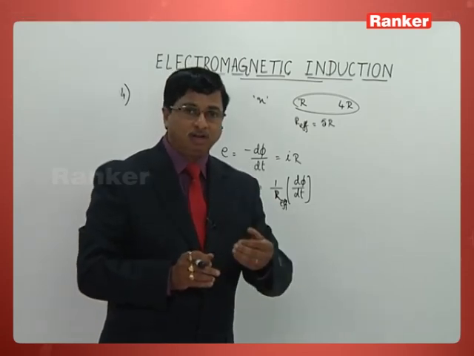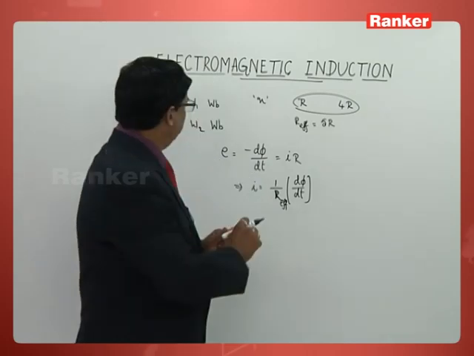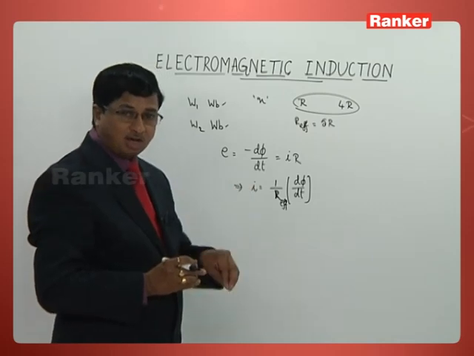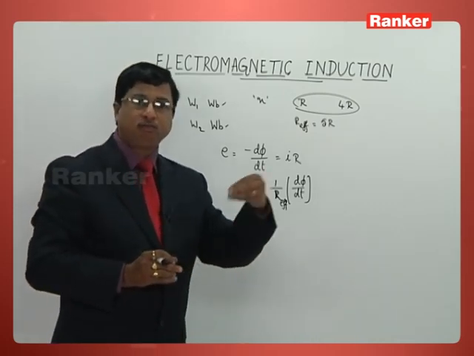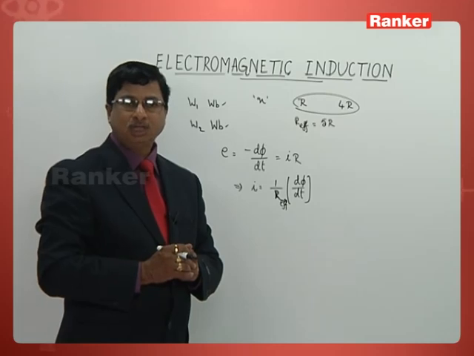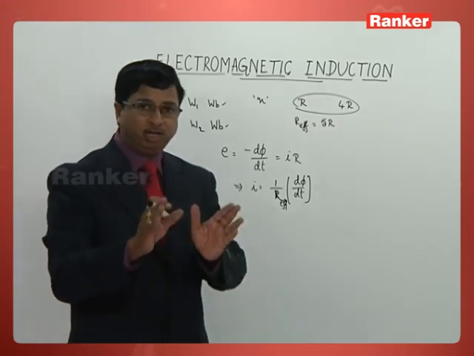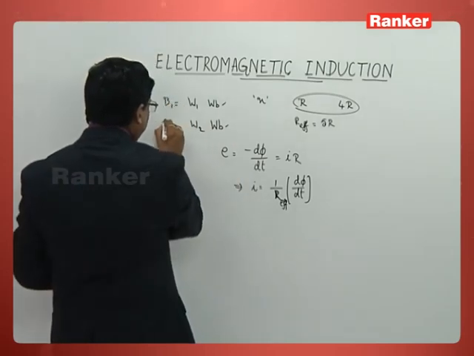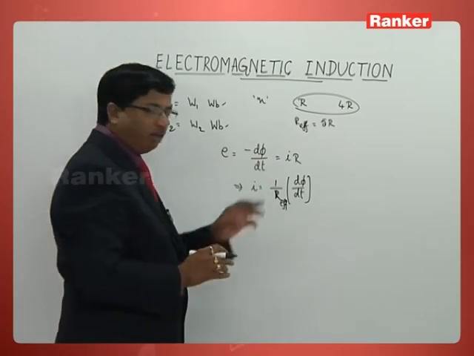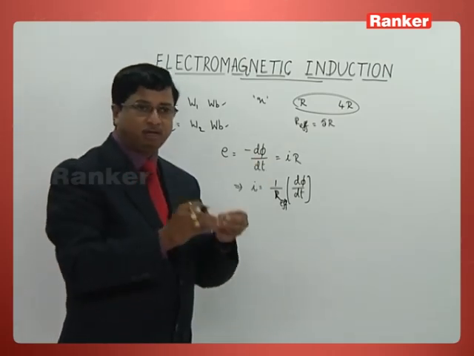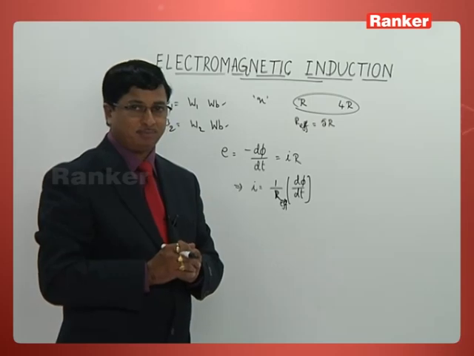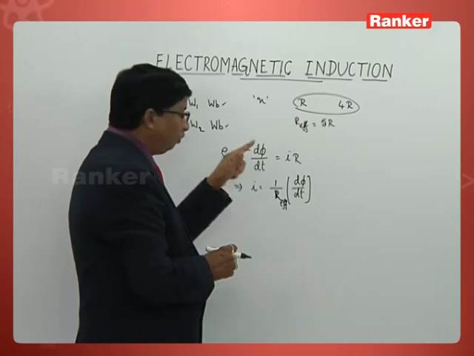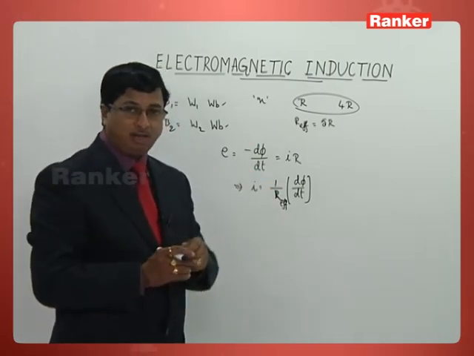So what you should understand in his opinion is that these W1 and W2 values themselves are directly the values of phi. Actually phi should be written as B into A. If I consider this one as B1 and this one as B2, the change in flux I can write as W2 minus W1. No doubt about that. But if I write like that, I need to have that into A also, where A is the area of the coil.